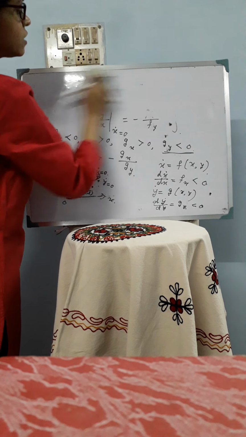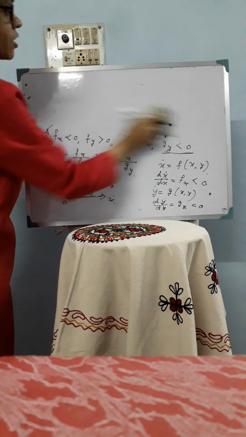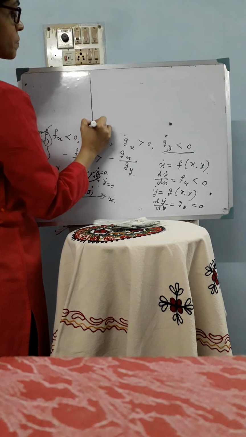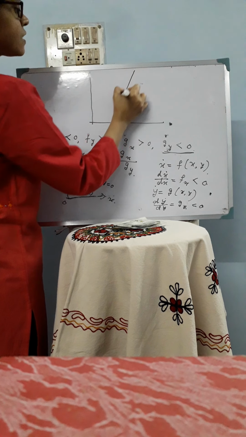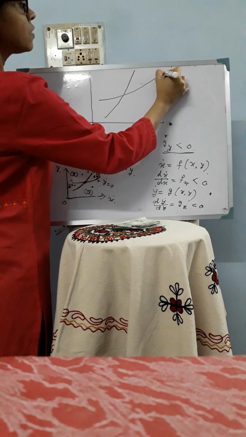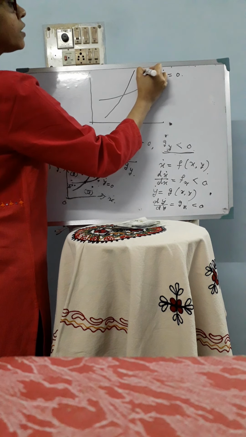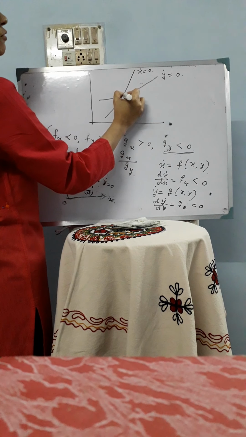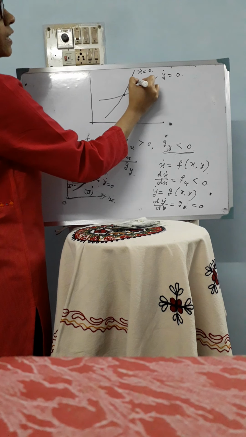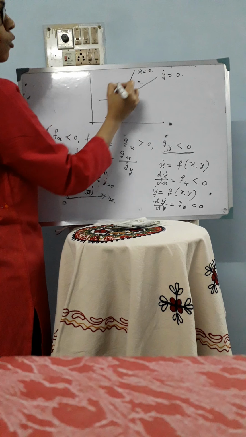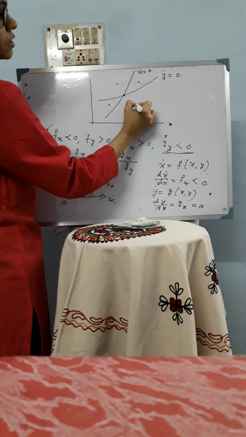So let's draw the diagram again. So this is x dot, this is y dot. On this curve y dot is equal to 0, on this curve x dot is equal to 0, and here will be the equilibrium, and we are considering 4 different points in 4 regions.